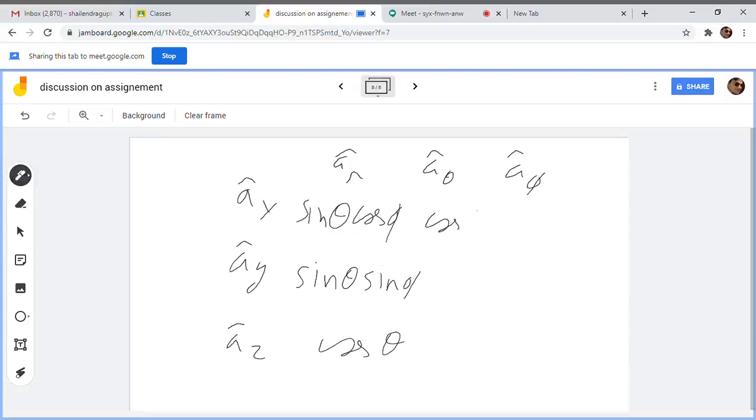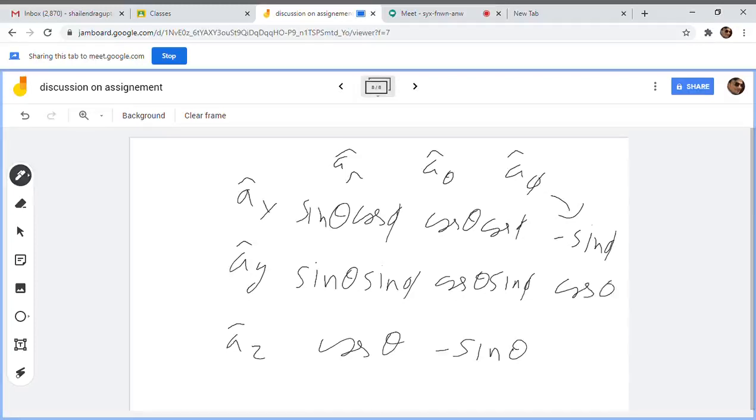Here it is cos theta cos phi, cos theta sine phi, minus sine theta, and with a phi the matrix becomes minus sine phi, cos phi and 0.